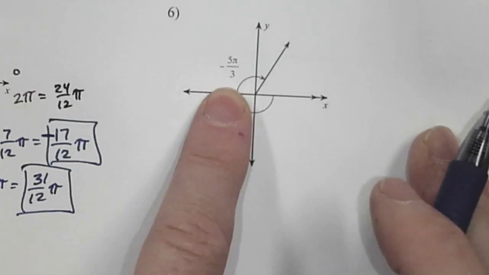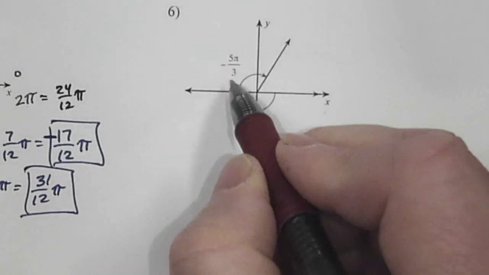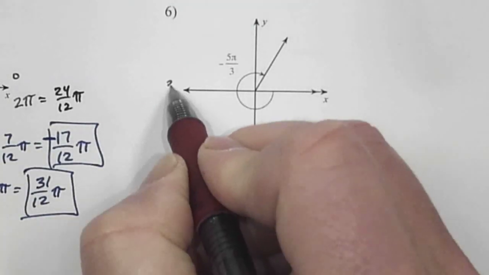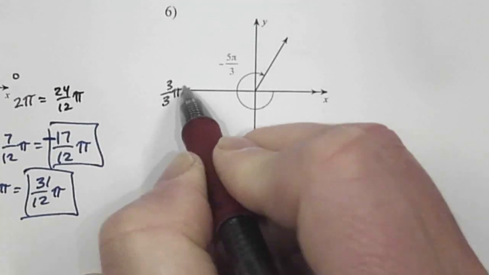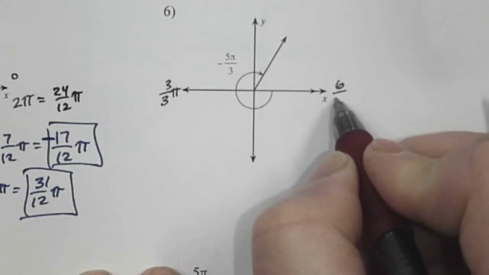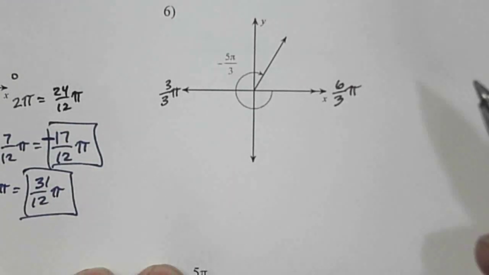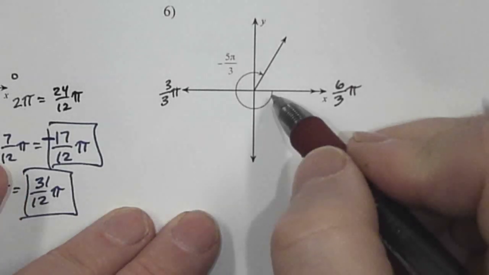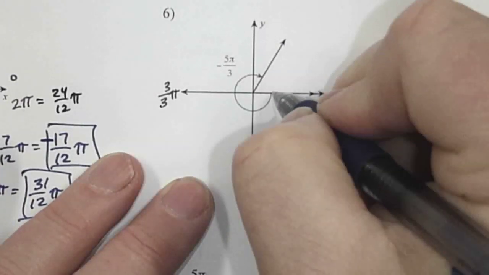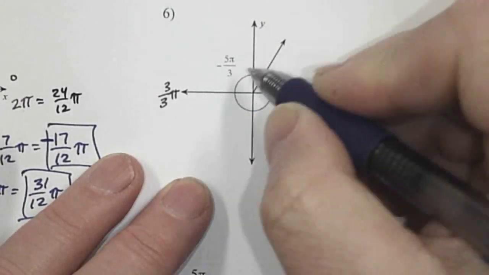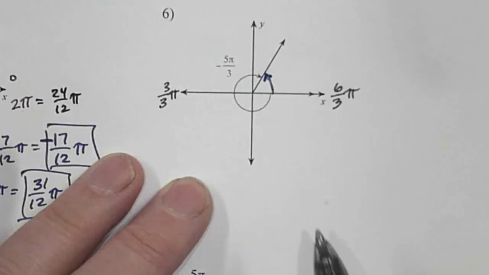Check here. This one went negative 5 over 3. So immediately I look and see the 3, so I think this was 1 pi, and this is 2. 2 times 3, 6, 2 pi. Okay, so now I can say, oh, what does this have to be going backwards? I want a negative direction, I want a positive direction.